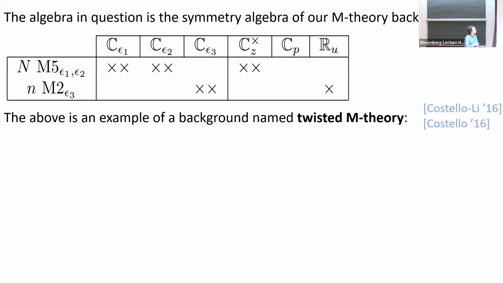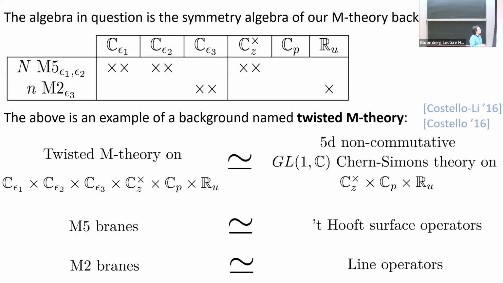Costello and Li defined this twisted supergravity in 11 dimensions, and then Costello defines this twisted gravity in the presence of what he defines as an omega background. This answers your question. Twisted M theory, you can take this as a definition, is 5D, a certain non-commutative version of Chern-Simons theory on the 5 remaining directions with complex gauge group GL1C.